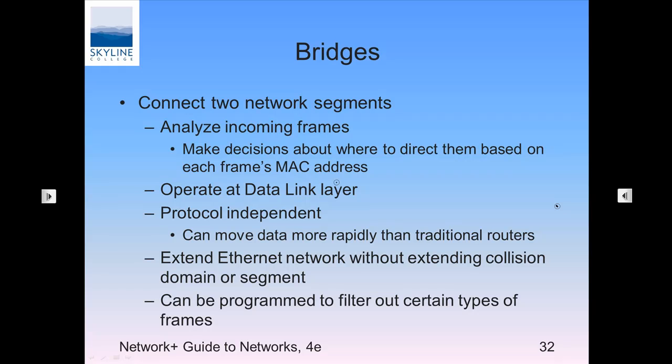Because we had isolated it. Otherwise, if we just add another hub, we just extended the collision domain. Still one, it's just much bigger. Put more devices on it, more collisions. Can filter out certain types of frames. Can be programmed to do that.